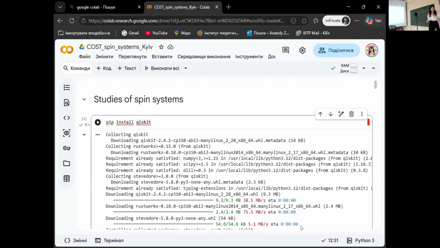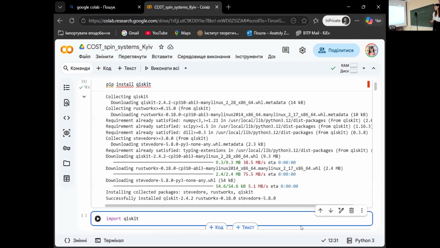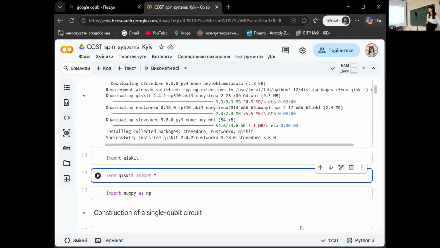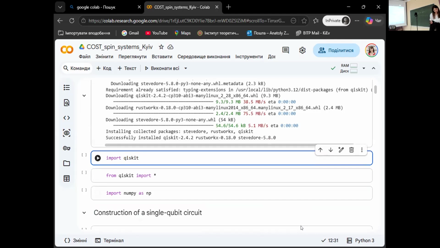So I prepared this notebook. We use Qiskit. This is a prepared framework for programming with quantum devices, and also quantum simulators, in the frame of Python. So I run this first.